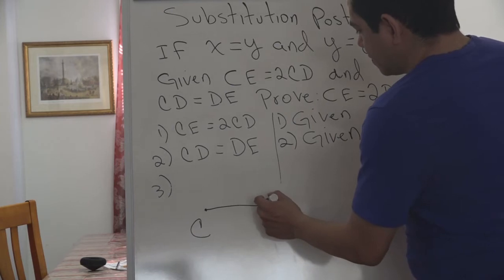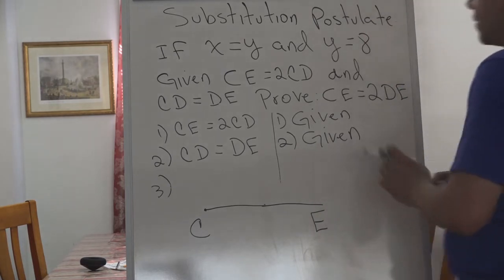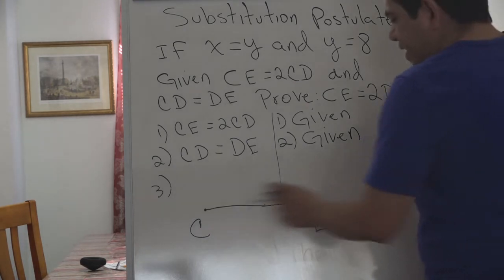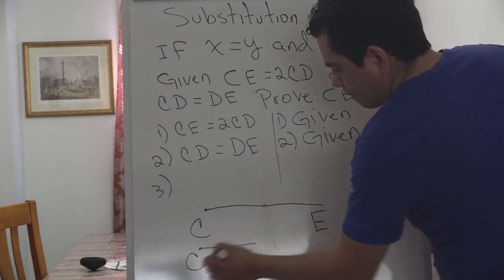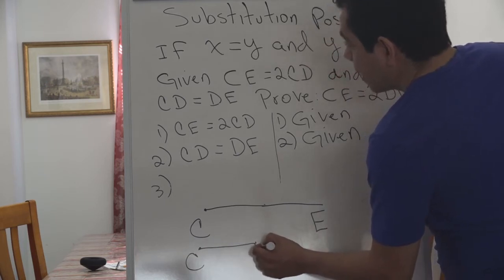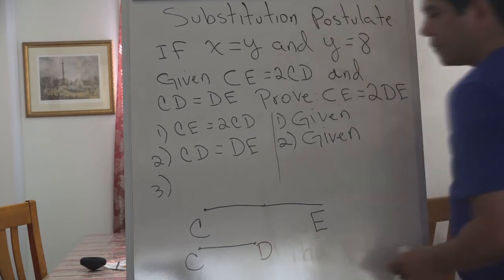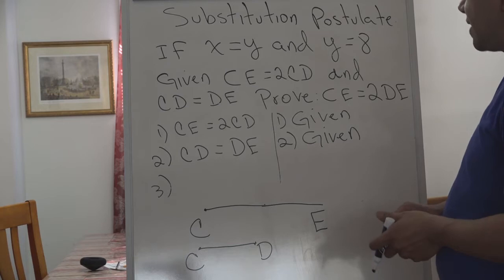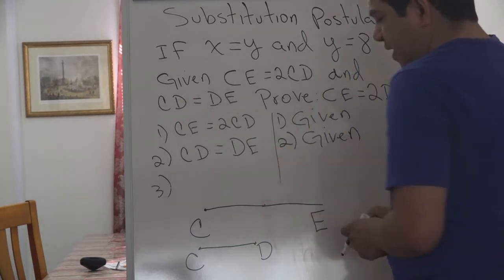CE is twice the length of CD. Okay? So now I can see what's going on. CD is equal to DE.